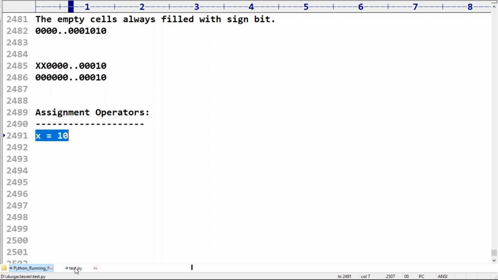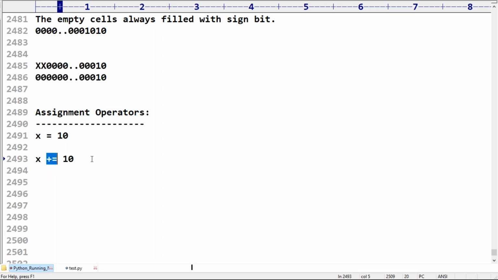Now observe, it is simple, but sometimes we can write it like this also: x plus equal 10. It's also acceptable. The meaning of this one is x is equal to x plus 10. We can mix other operators with equal.